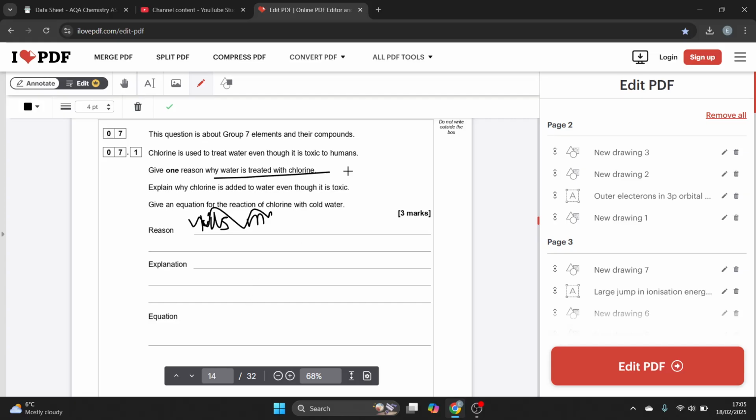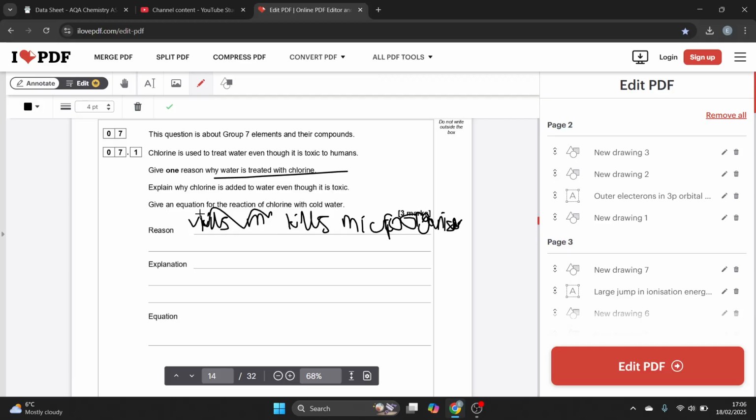So one reason why water is treated with chlorine is because it kills microorganisms. Explain why it's added even though it is toxic.